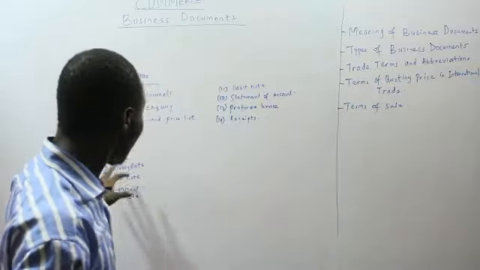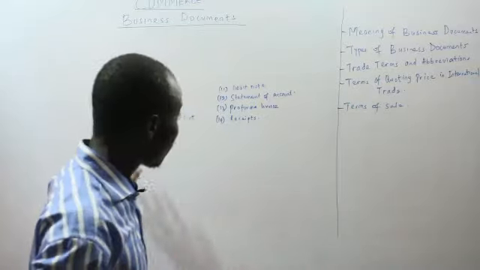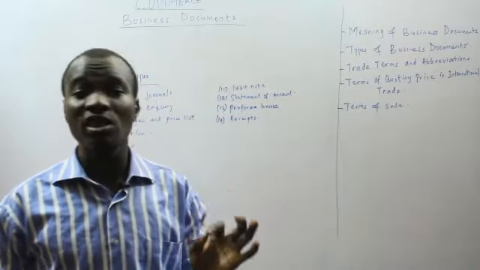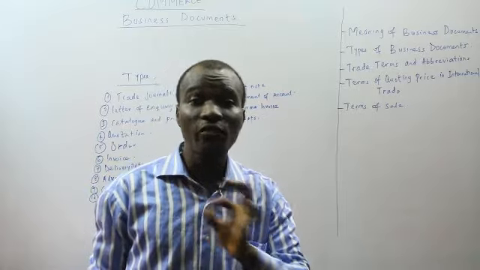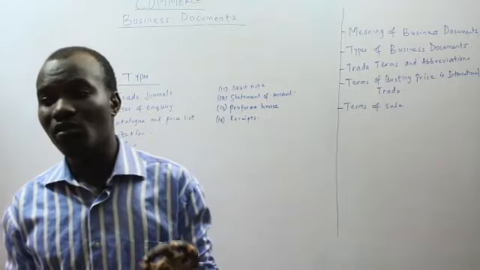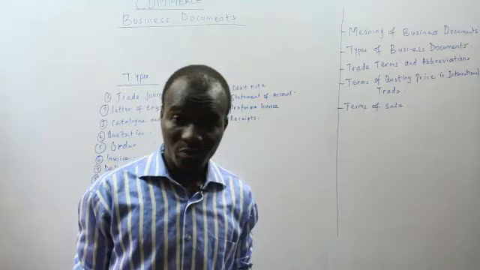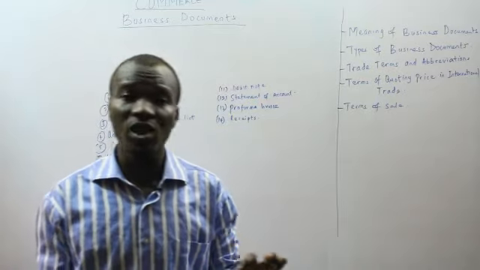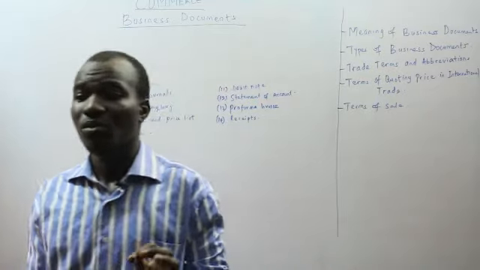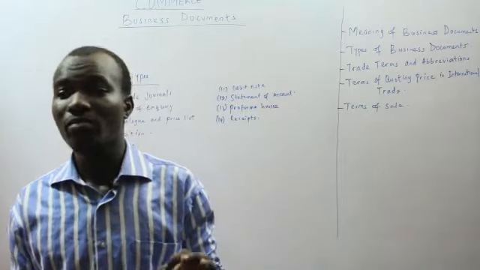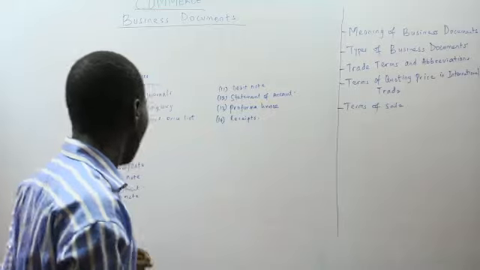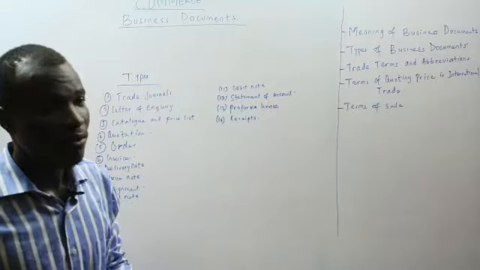So one of the usefulness of the invoice is that it provides information and gives details of the goods sold on credit to the buyer. It helps to quote all of the prices of the goods, and it also shows the amount owed by the buyer to the supplier.